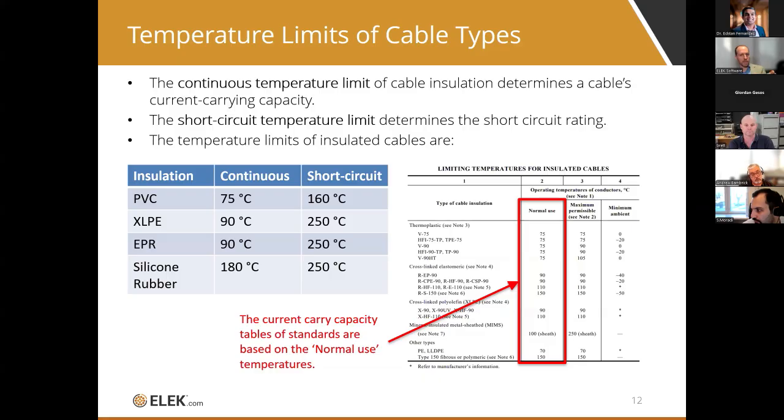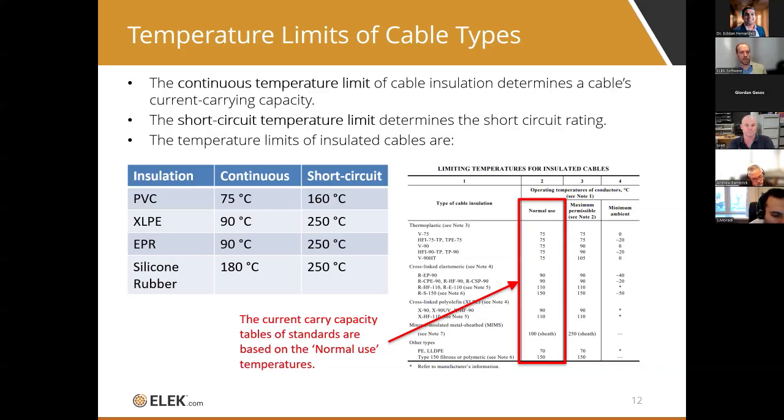There's the continuous temperature limit, when it's carrying its normal steady state continuous load. And then there's the short circuit, or short duration, short time temperature limit. Those are used for the short circuit ratings.